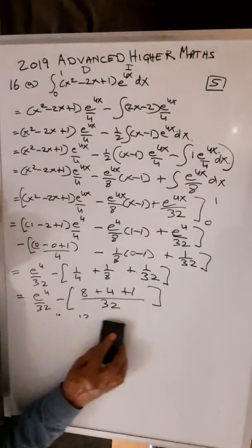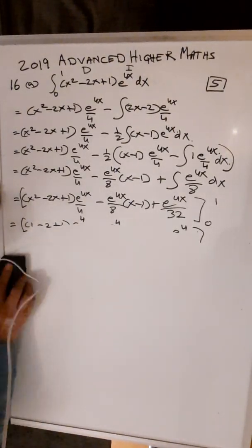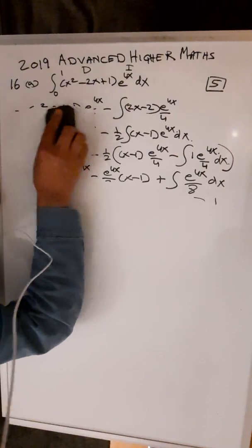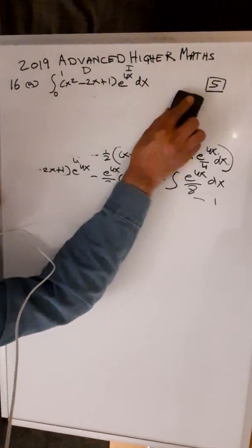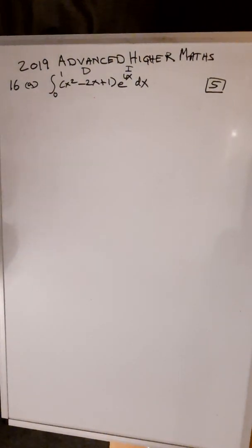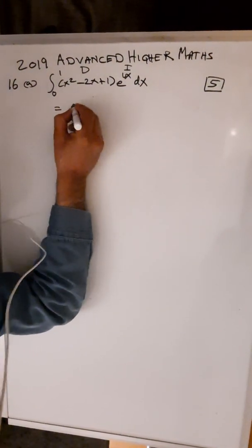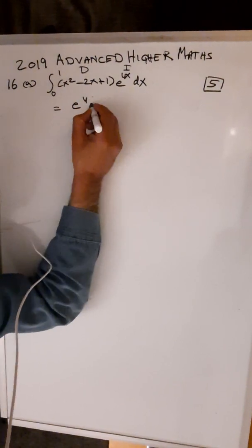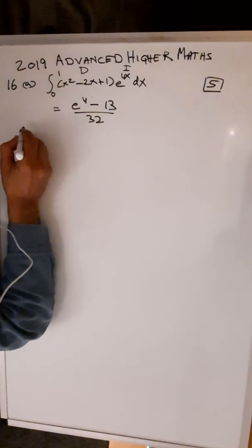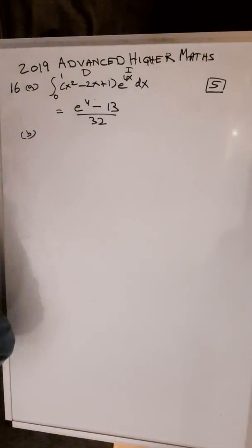Now there's a part B, so I'm going to do part B now. We've already found this to be equal to e to the 4 minus 13 all over 32. So for part B, what is part B?